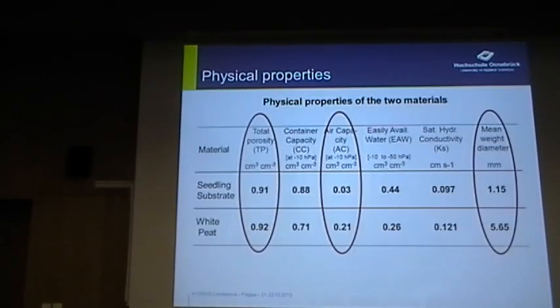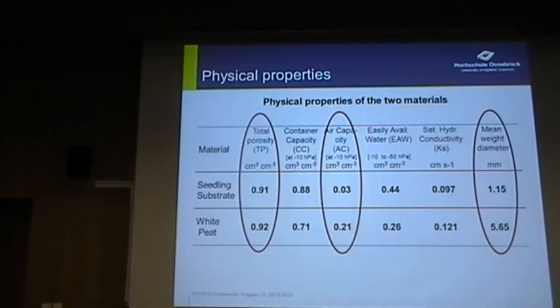Now, there are also some very distinct differences if we look at the physical parameters. Total porosity is 0.91 for the seedling substrate and 0.92 for the white peat, a much, much higher pore volume compared to mineral soils. Then the air capacity that I talked about is 0.21 cubic centimeter per cubic centimeter for the white peat and 0.03 for the seedling substrate.